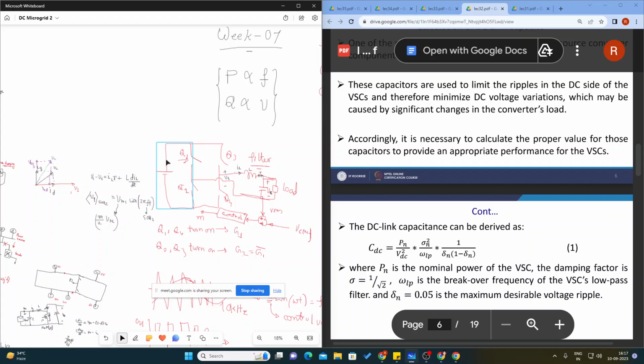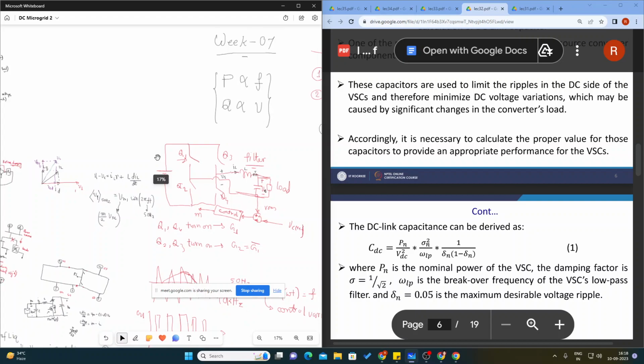After PV is converted to DC by a converter, then again an inverter kind of thing. Okay, okay, that is.